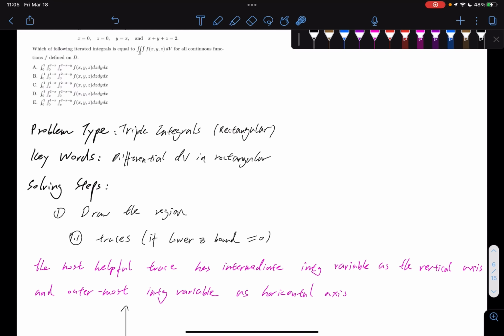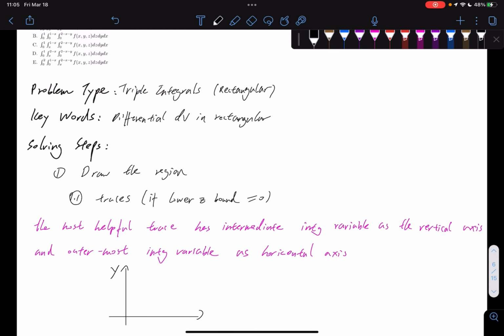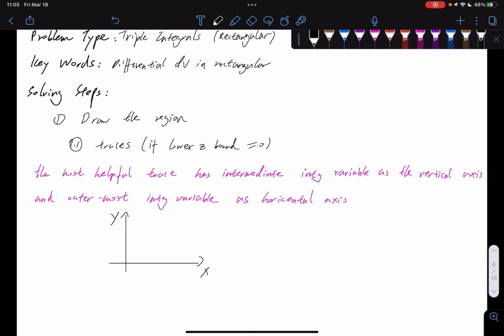So the intermediate variable in this case is dy, so y will be our vertical axis. Let's put the y right here. And the outermost integration variable, dx, will be our horizontal axis. So that will be our x. This is the most helpful trace that we can draw to help us find the bounds of the integral. Of course, if you like, you can draw the rest of the traces to help you complete the picture, but I think this is the most efficient way to find the bounds.